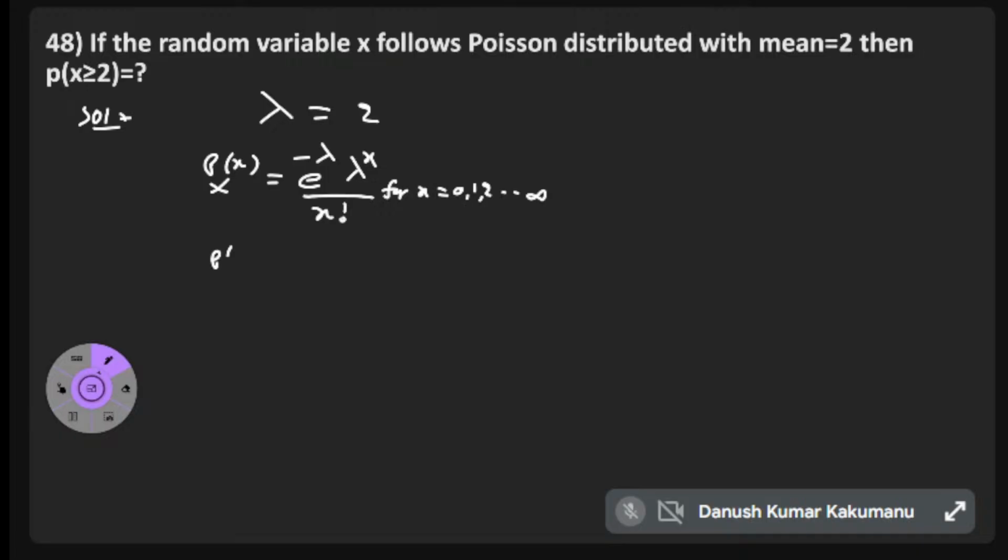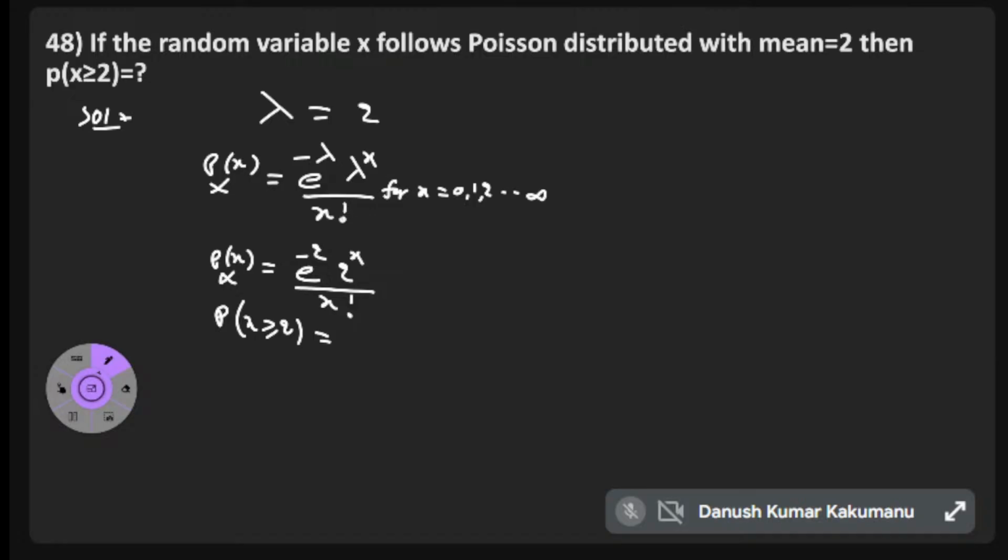Here P of x is e power minus 2, 2 power x by x factorial, substituting 2 for lambda. It is asking P of x greater than or equal to 2. Then the x values are 2, 3, 4 up to infinity.